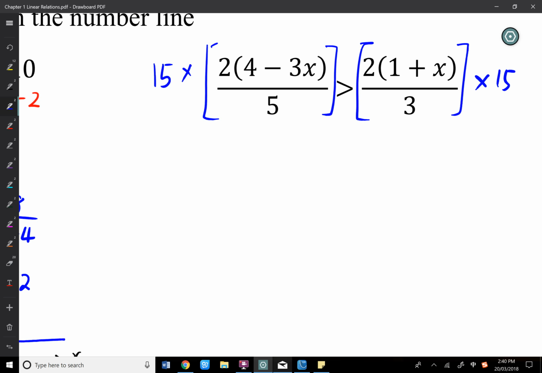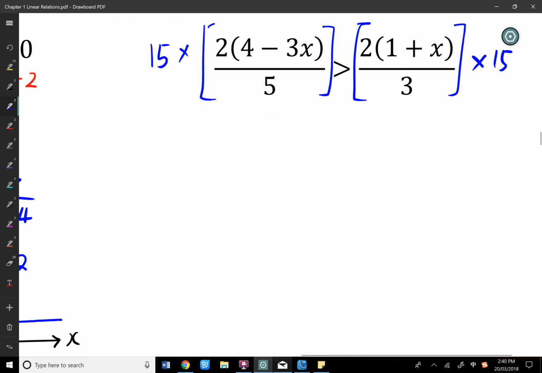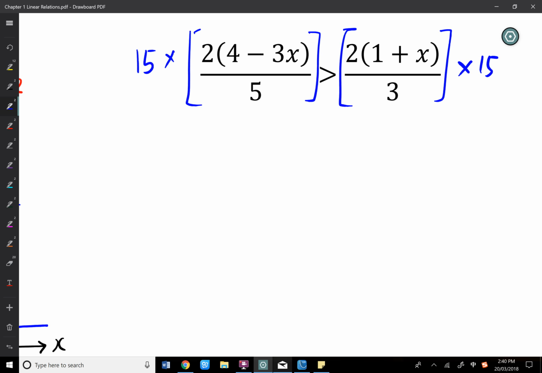We can times 15 to get rid of the denominator. What I want to do is get rid of the denominator, not make the same denominator. If you times 5, you can't get rid of the 3 on that side. If you times 3, you can't get rid of the 5 on the other side. So you need a number containing 5 and 3 to get rid of them.